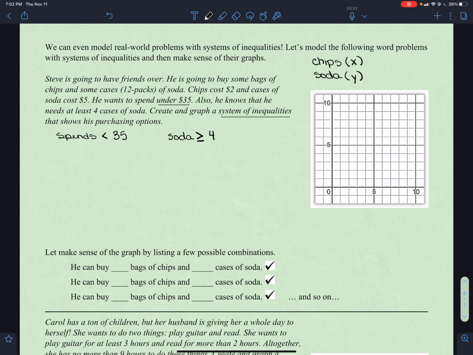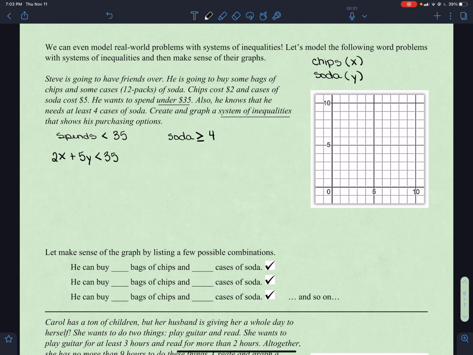Okay. All right. So let's go look at the stuff that he's spending here. So he's spending some money on chips. Chips is X. Okay. And each bag of chips costs $2. So 2X plus the soda is Y, and each case of soda costs $5. Okay, so there's our first equation.